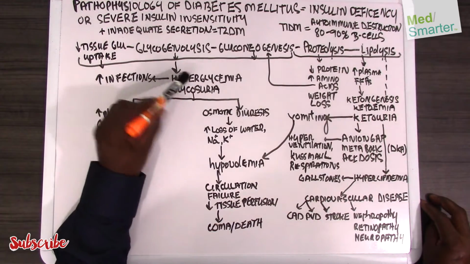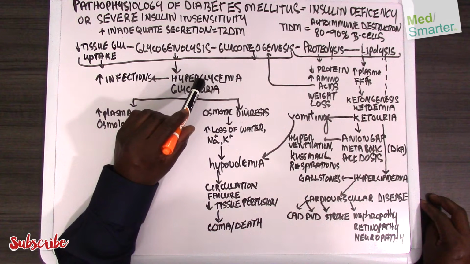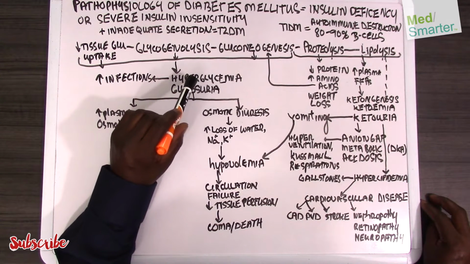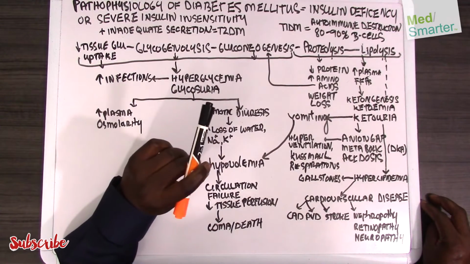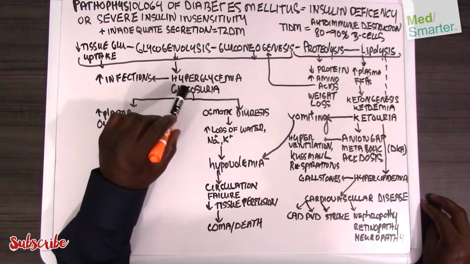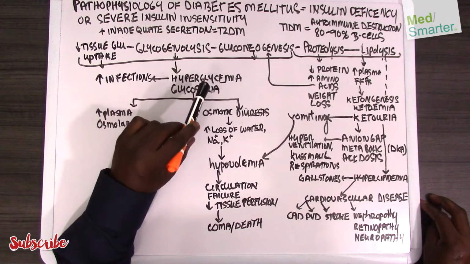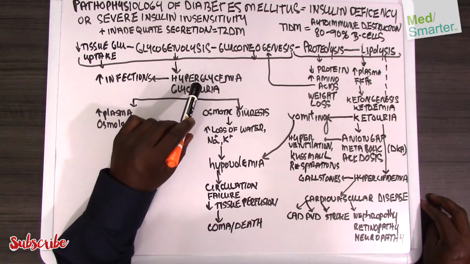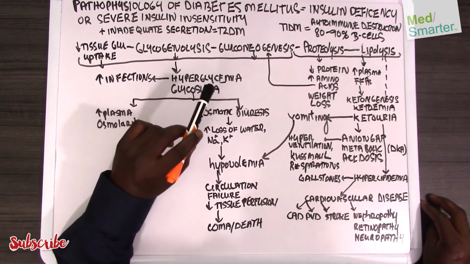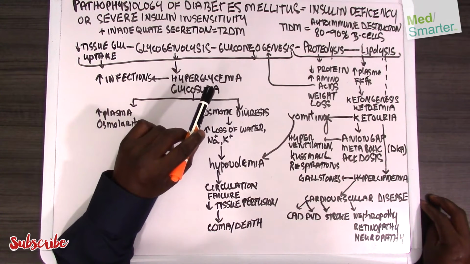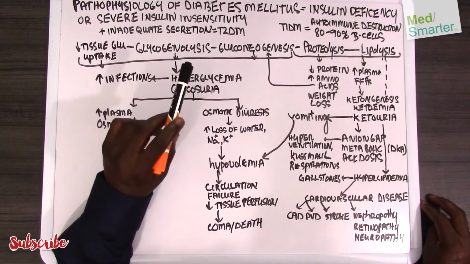So the hyperglycemia adds a very nutritious substance for microorganisms, so that the extracellular fluid environment is very rich in sugar, and this puts the diabetic at an increased risk of contracting infections.